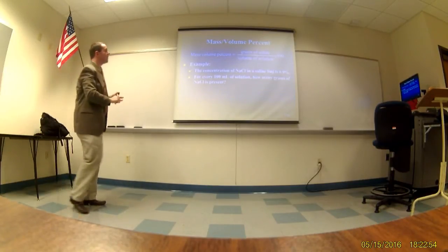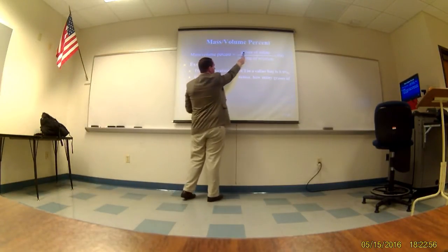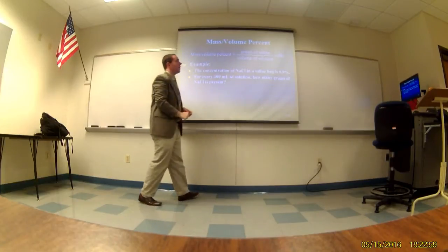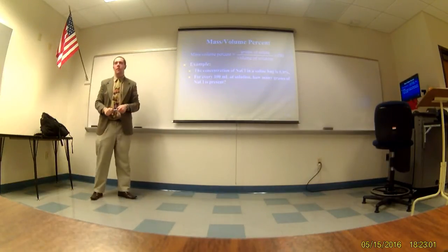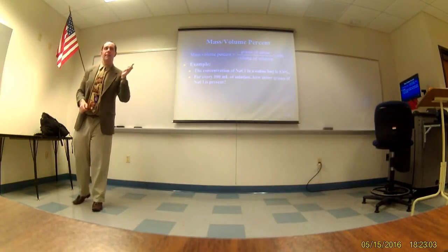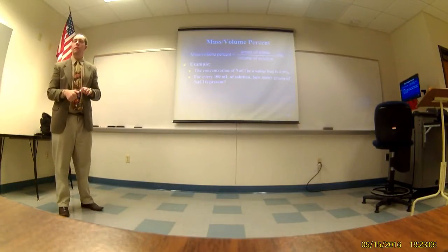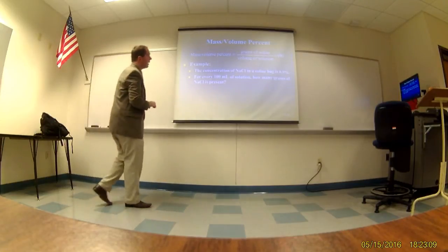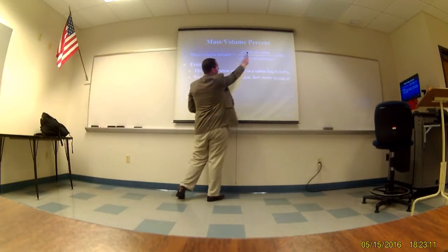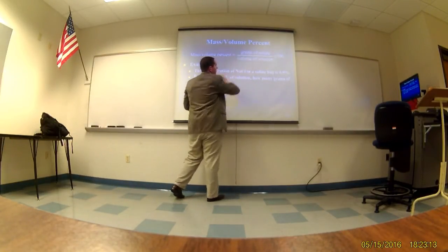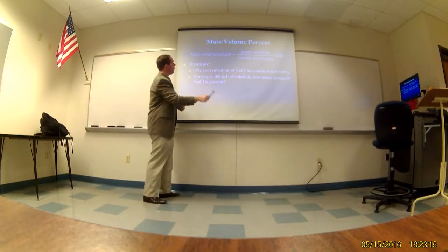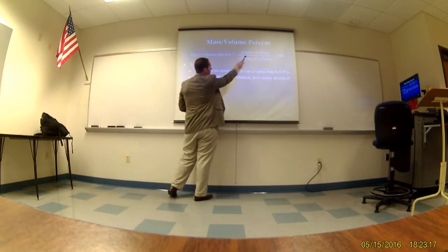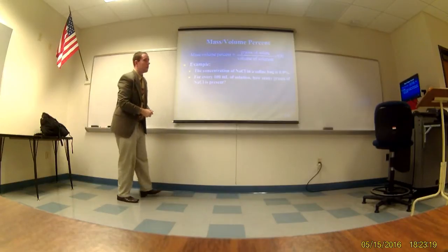This isn't just asking us to take grams and divide by volume times 100 to get percent. What is it actually asking us? The unknown is actually the grams of sodium chloride. So that means the problem has to give us the percent and the volume.